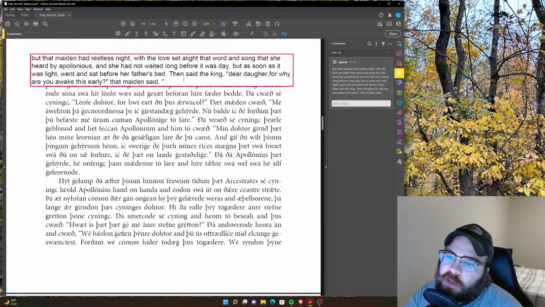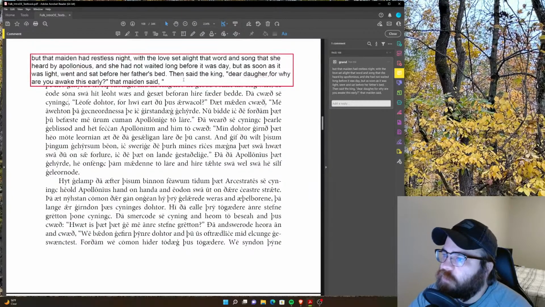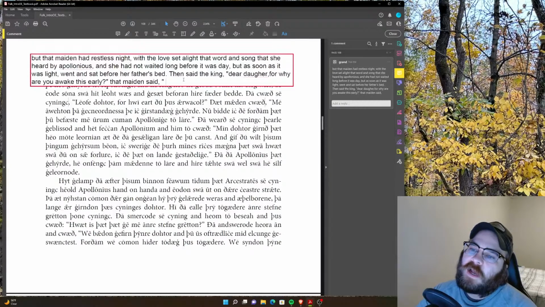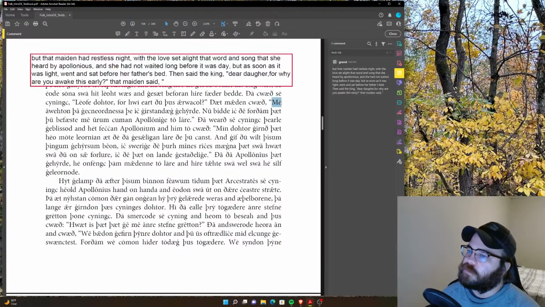Me ahweton tha je kneordnessa. Je kneordnessa. Tha ich jirstandeja je hirda. Je hirda. Hirda. Okay. Me wekton. I awoke. This is the reflexive. So awaking happened to me.